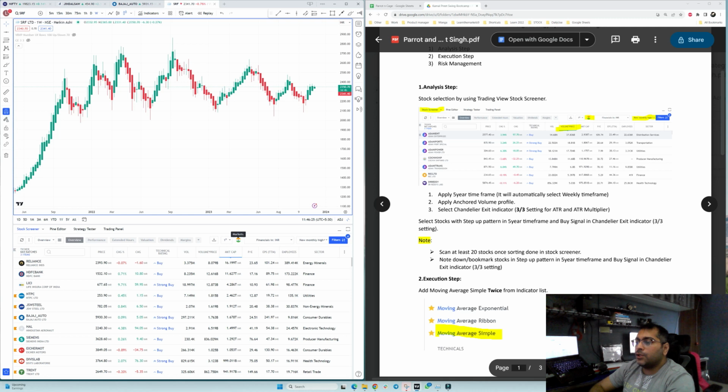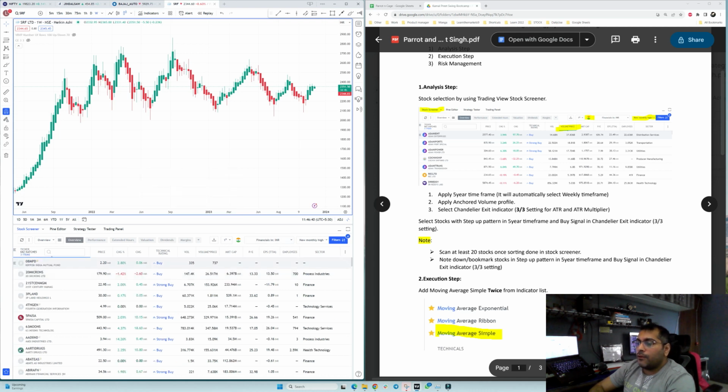Then we should have Indian market selected over here, and from the filter section we should have new monthly high selected. Okay, and when we make all the required settings, these are all the stocks that have been selected.